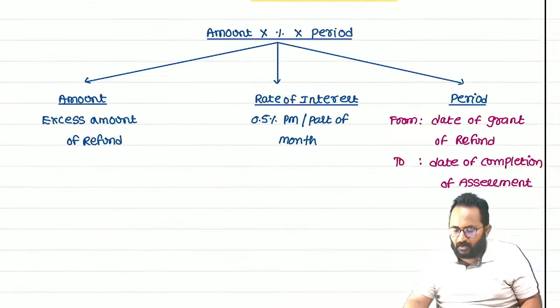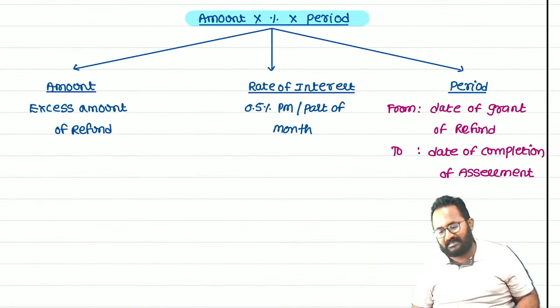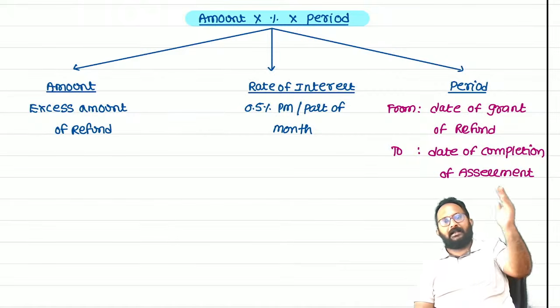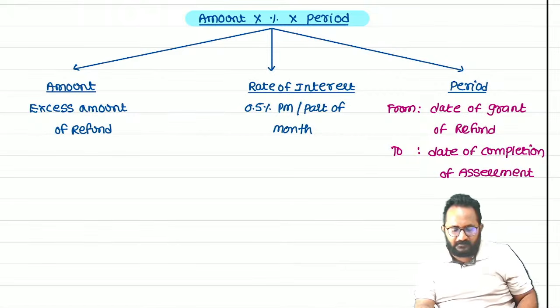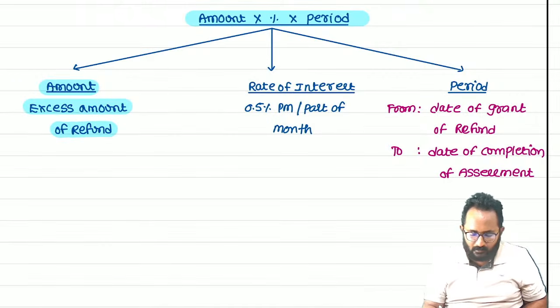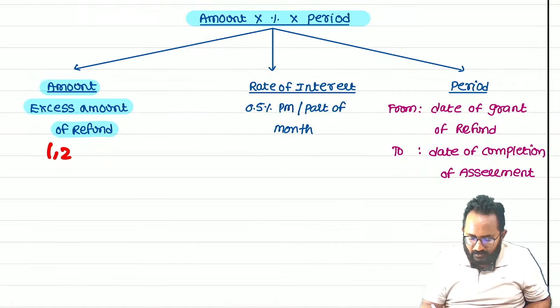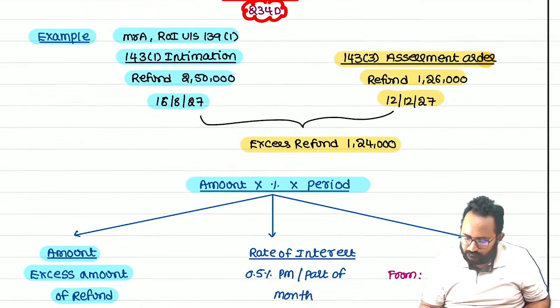Now interest computation always means three variables. What are the three variables? Amount, rate of interest, period. On which amount do we have to calculate the interest here? The excess amount of refund, how much? 1,24,000.